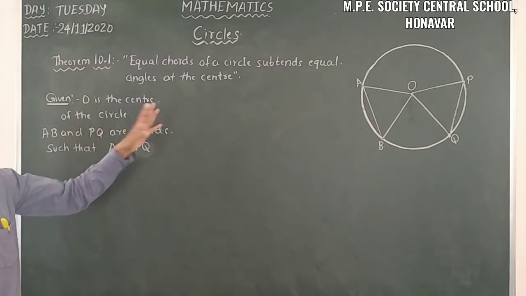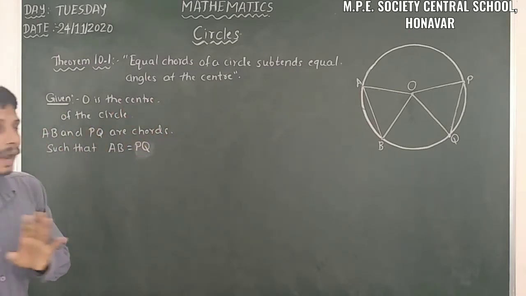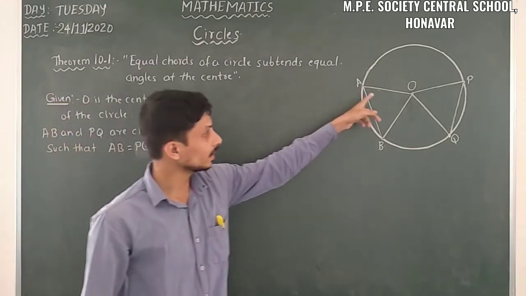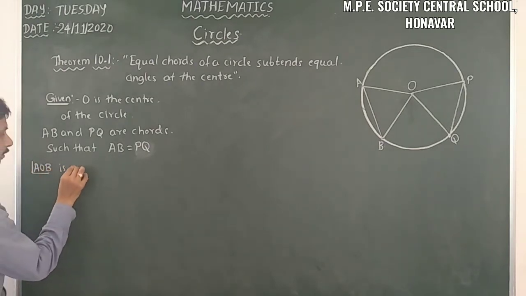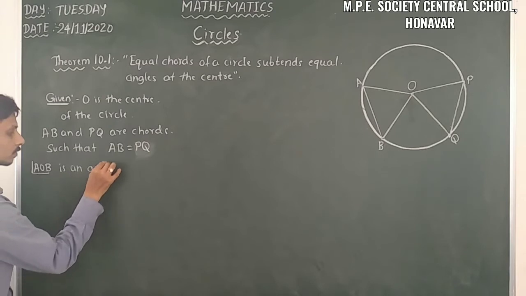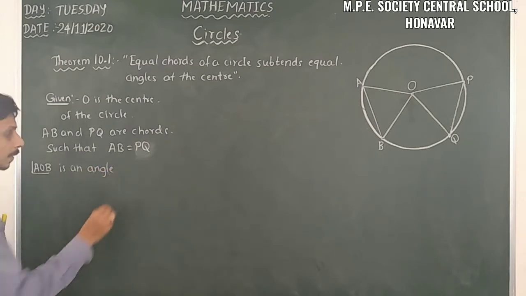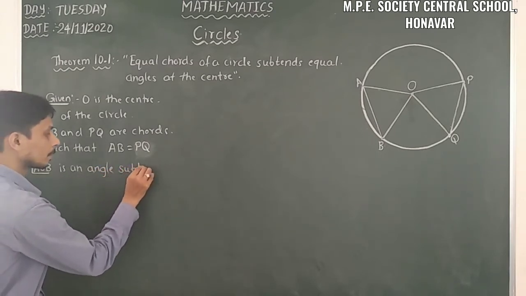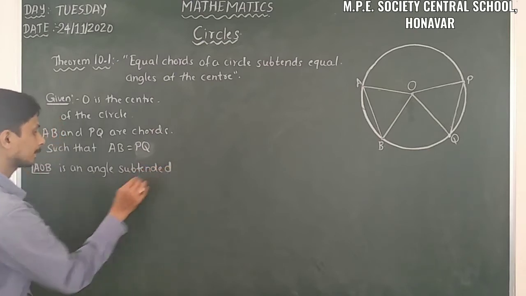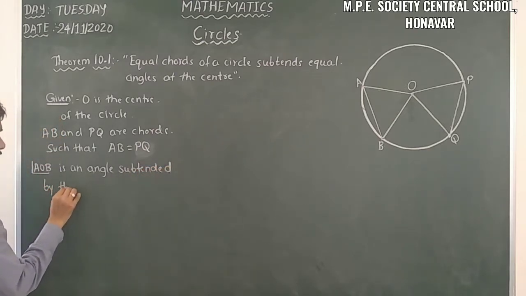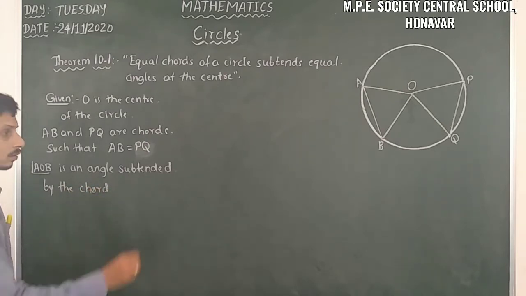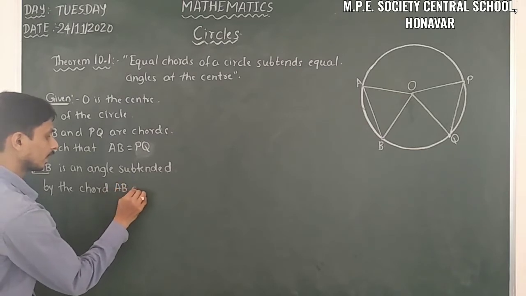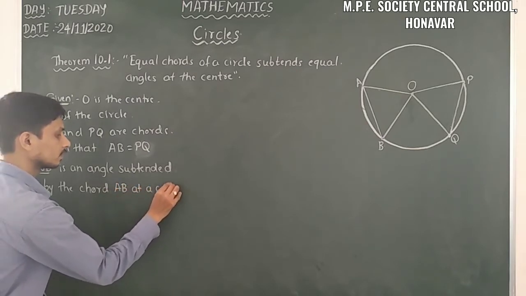So also we have O is the center of the circle. And another thing we have is angle AOB. Angle AOB is an angle subtended by the chord AB at the center.